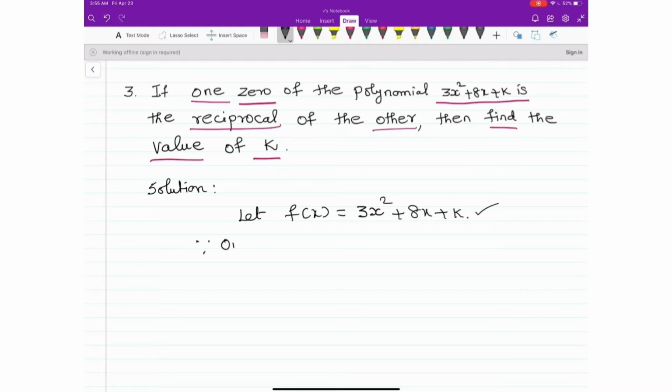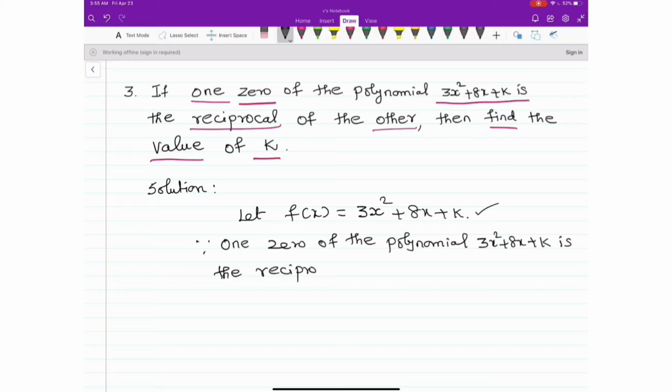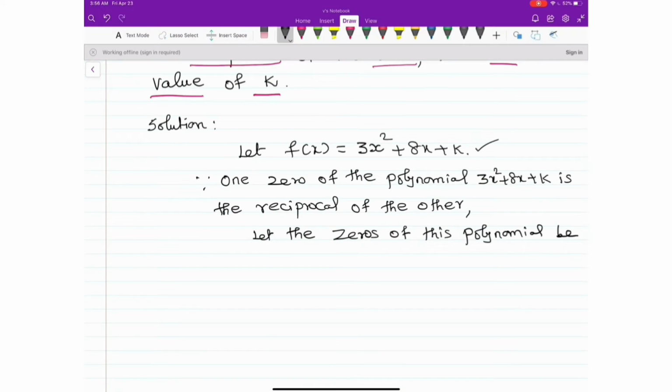Since one zero of the polynomial 3x square plus 8x plus k is the reciprocal of the other, let the zeros of this polynomial be alpha and 1 by alpha.